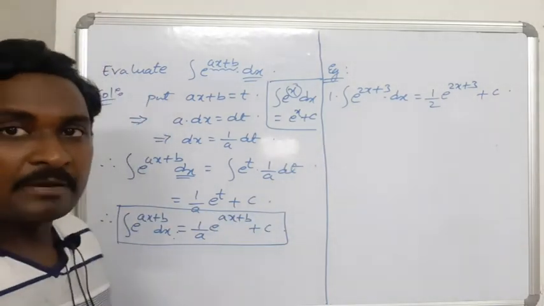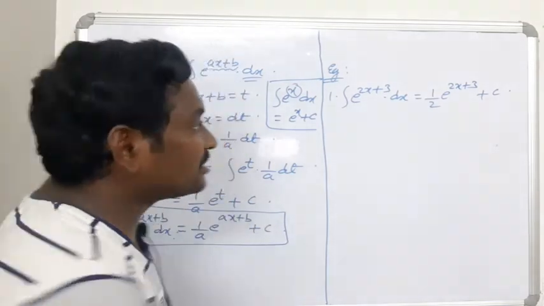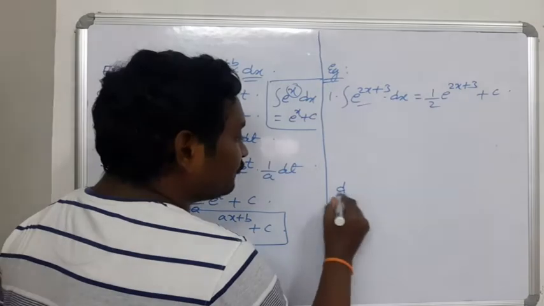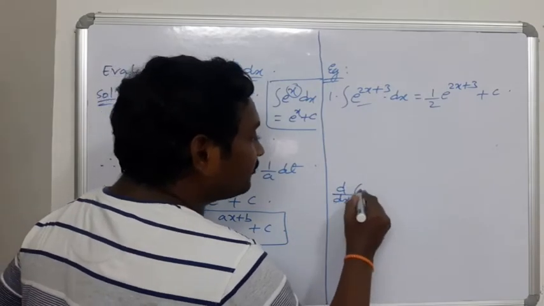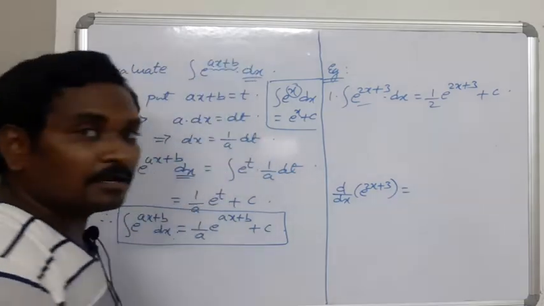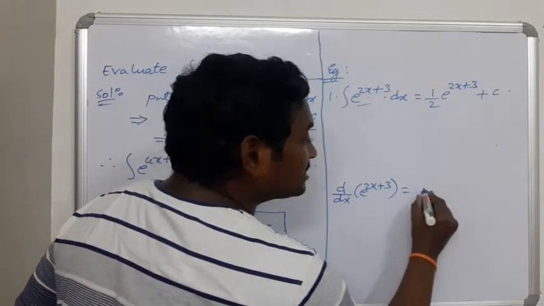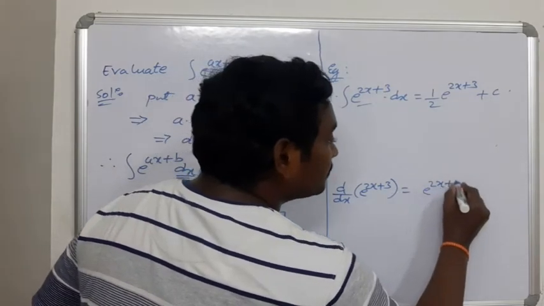And one more important point is, suppose we find the differentiation of a similar function. We are going to find the derivative of e power 2x plus 3. Then what happens? The derivative of e power 2x plus 3 is itself.